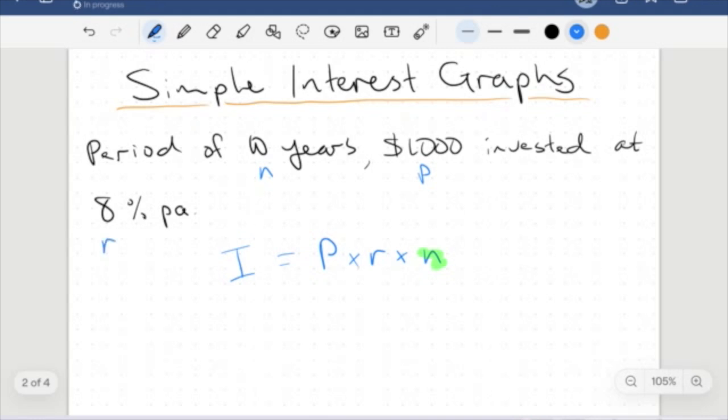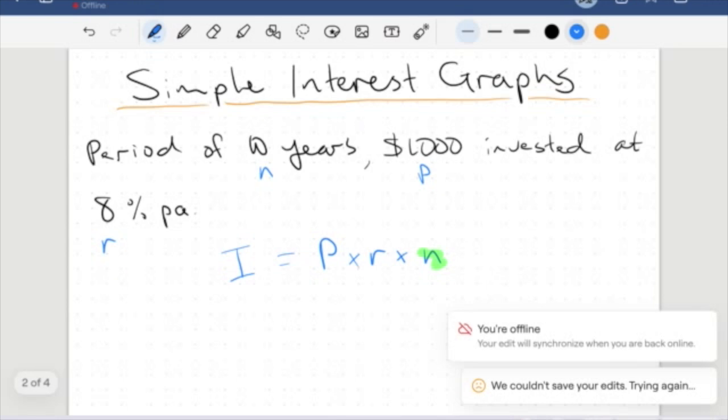So first of all, let's just substitute everything in here, and we're going to think about how we can apply this to a graph.